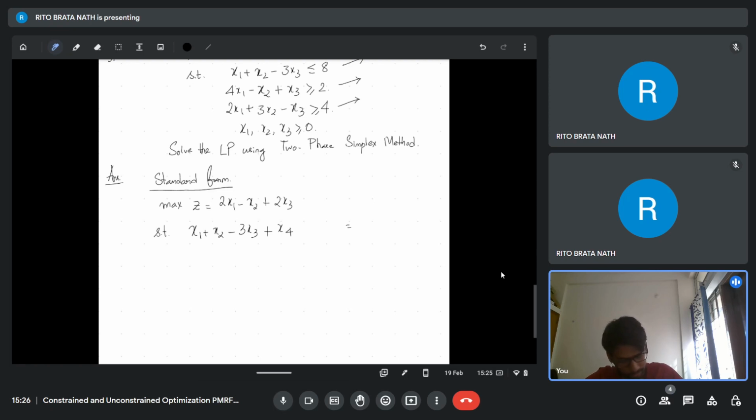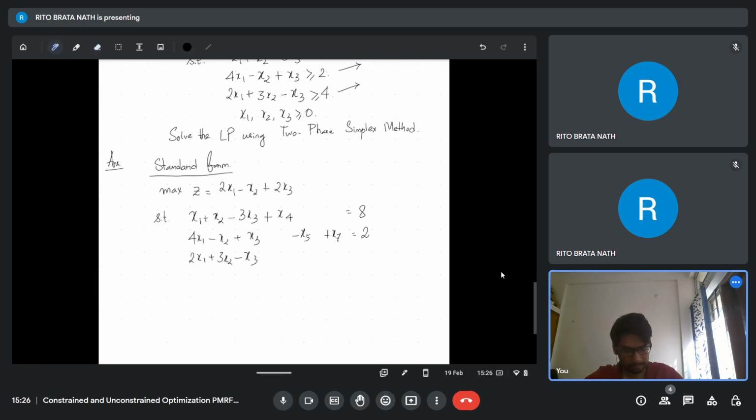And next one, again you have to do something similar. So that minus x6 plus x8, and that's equals 4. And x1 to x8 all are greater than or equal to 0.